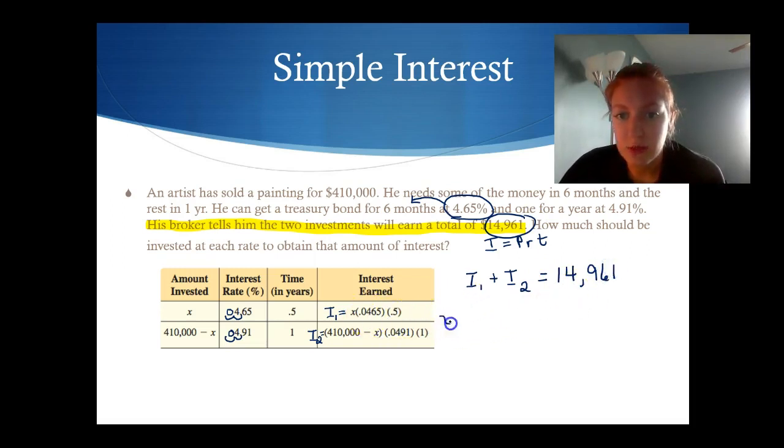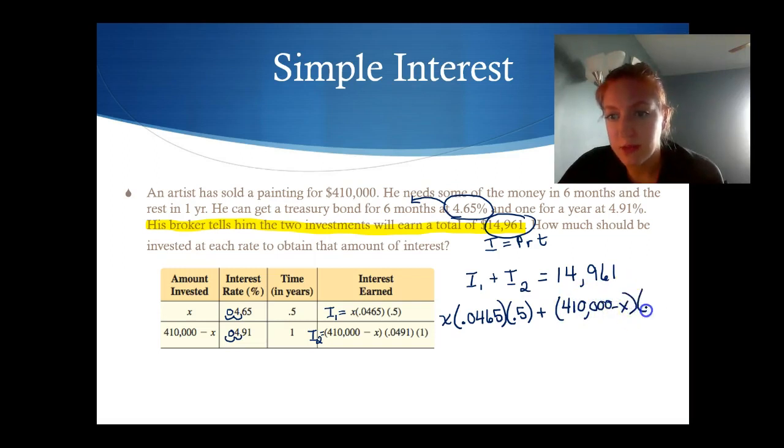So let's actually plug in. My first interest was X times 0.0465 times 0.5, plus, this is going to get a little crowded, 410,000 minus X times 0.0491 times 1. You could simplify this before you write it all out. It's really up to you.